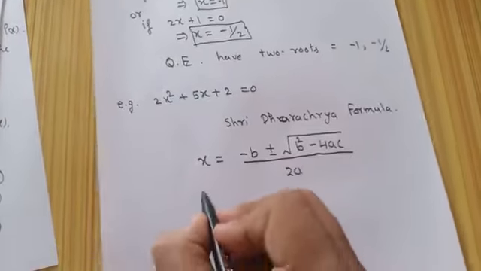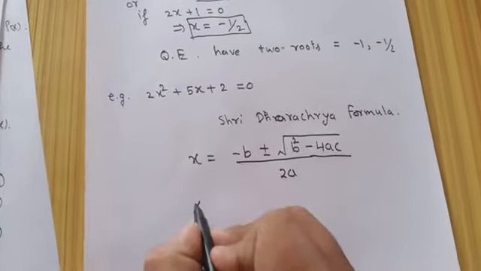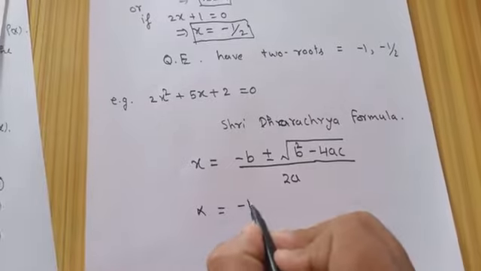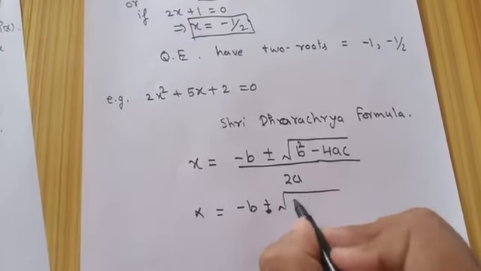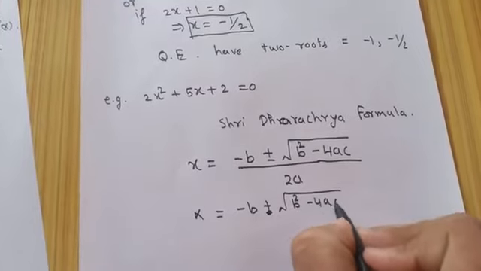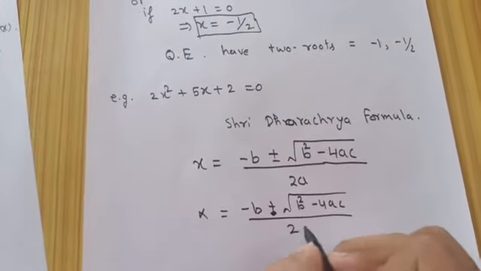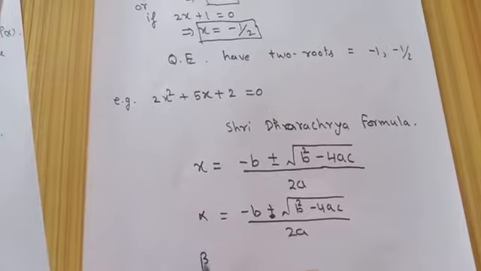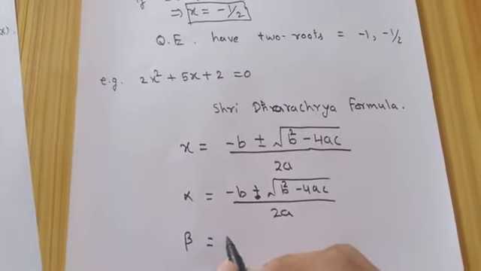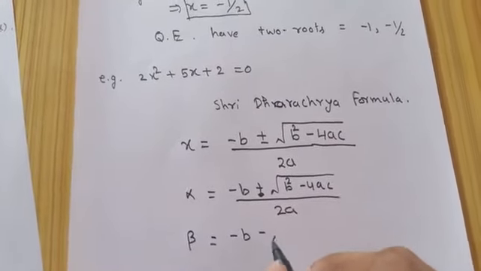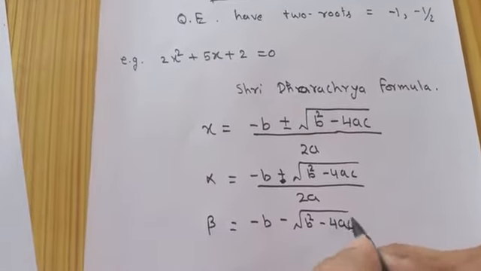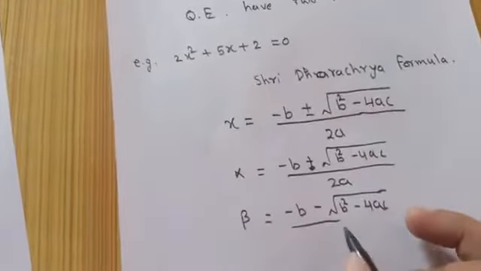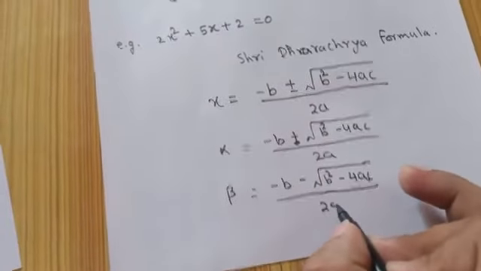That means x has two different roots. The first root is called alpha, that means minus b plus under root b square minus 4ac upon 2a, and the second root is beta, which we can write as minus b minus under root b square minus 4ac upon twice a.